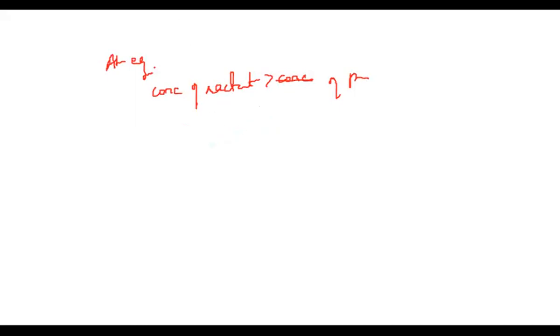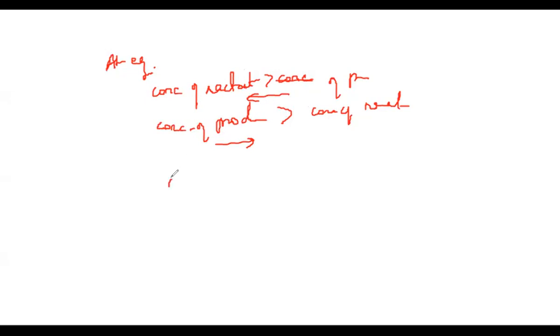Sometimes the concentration of product is more than the concentration of reactants, when the reaction is progressing in the forward direction. Here the reaction is progressing more in the backward direction, therefore the concentration of the reactant is more. Here it is progressing in the forward direction, therefore the concentration of the product is more.